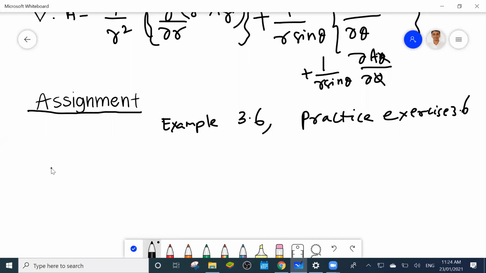Next operator is very, very important. Del operator, that is curl of a vector. Okay, curl means cross.